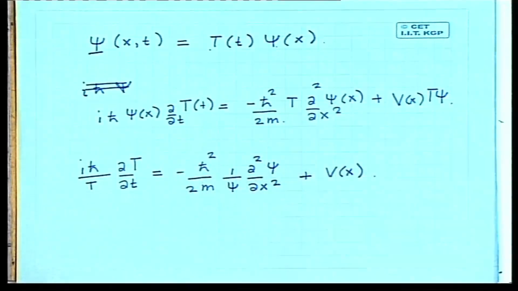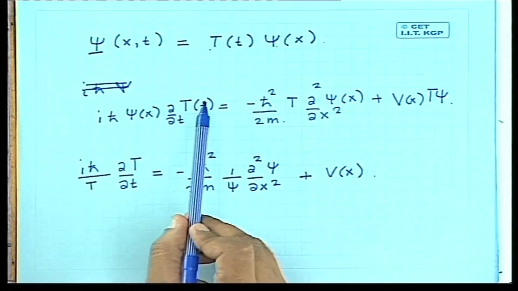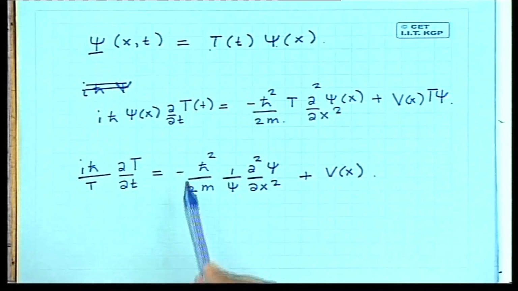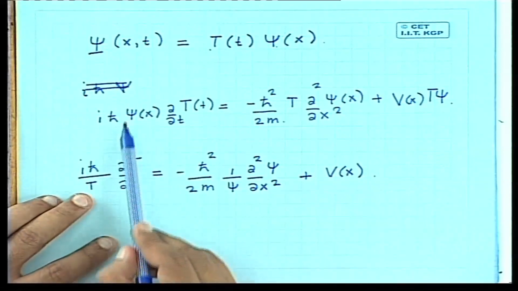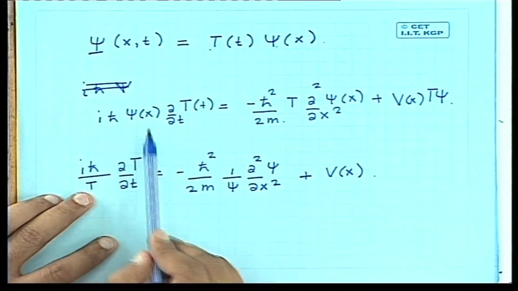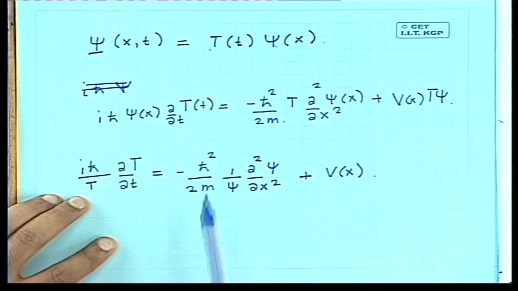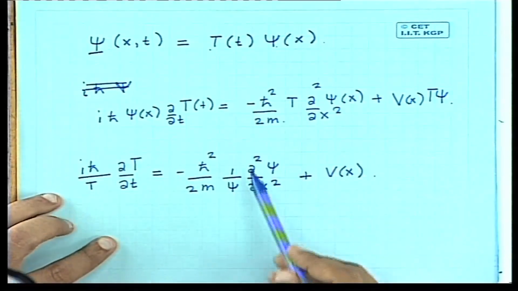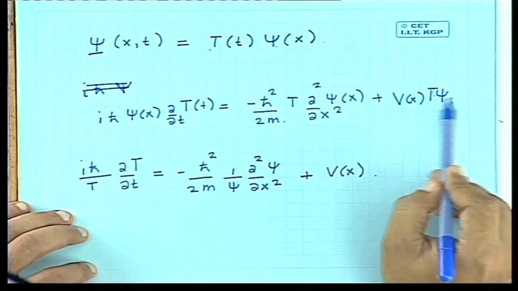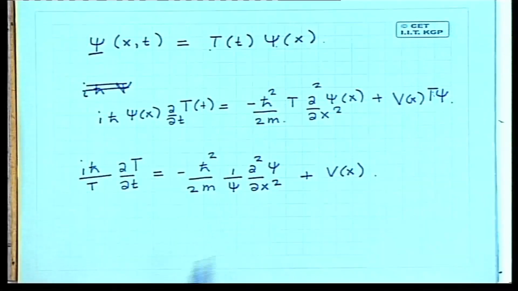So this equation, if I divide it by the capital T into psi, gets reduced to this equation, because this psi gets cancelled out when I divide it by psi into T. I have a 1 by T left here. This T gets cancelled out, I have a 1 by psi left here, and both T and psi get cancelled out from the third term. So we have this equation.